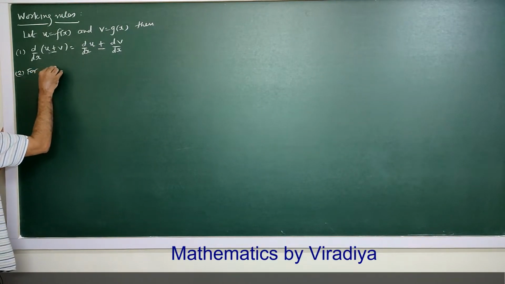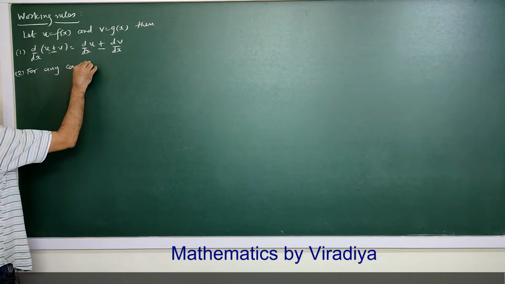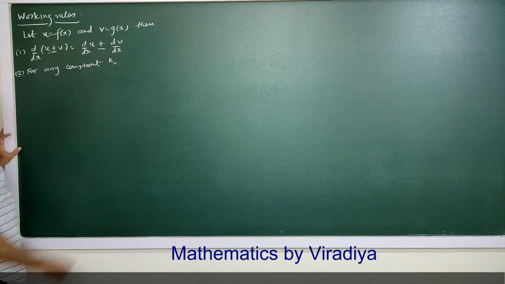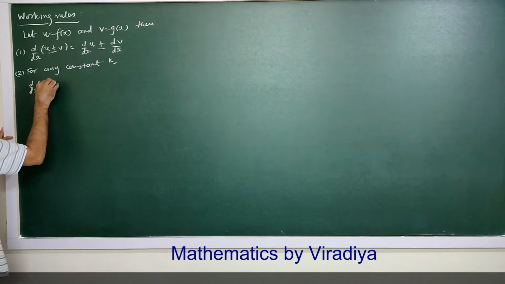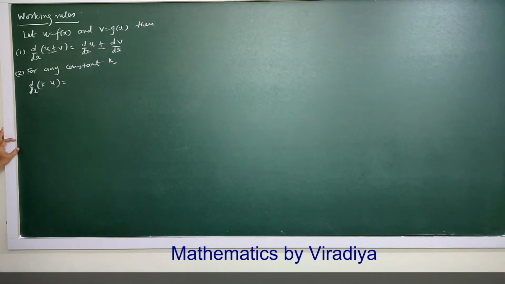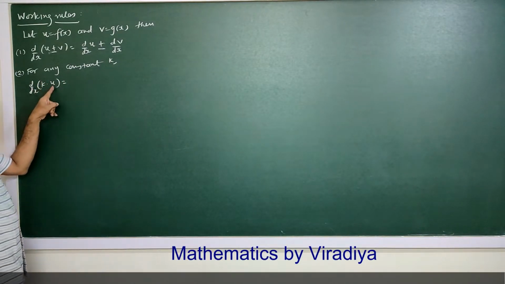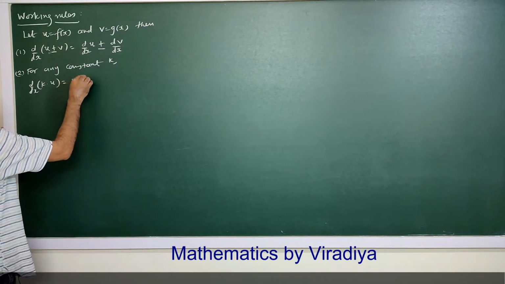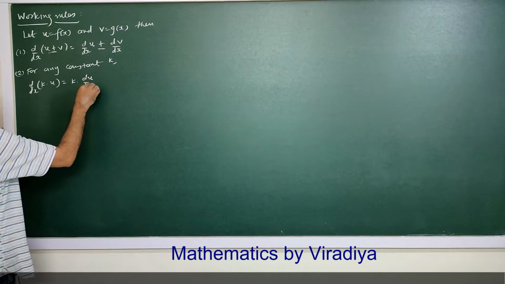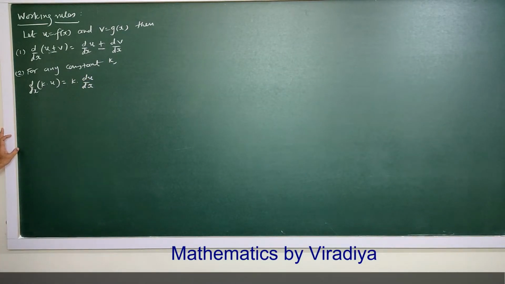For any constant k, k is any constant, the derivative of k into u, where u is a function of x, is k into the derivative of u with respect to x.